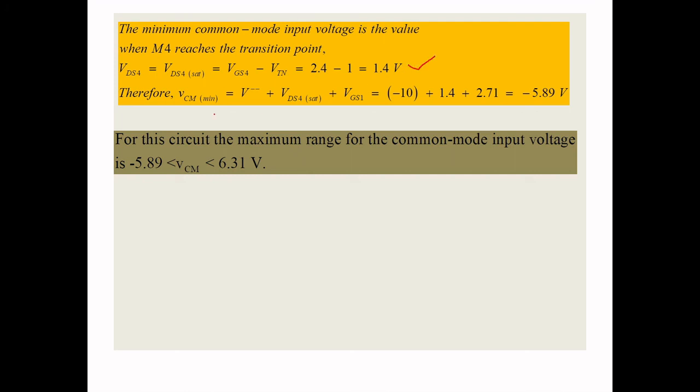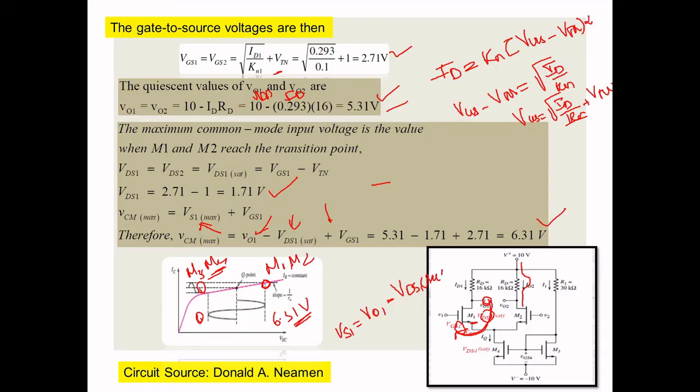Now I want to find the minimum point. When you apply the KVL in this loop, you will be getting, I'll show the loop, from here to here, including this V minus.